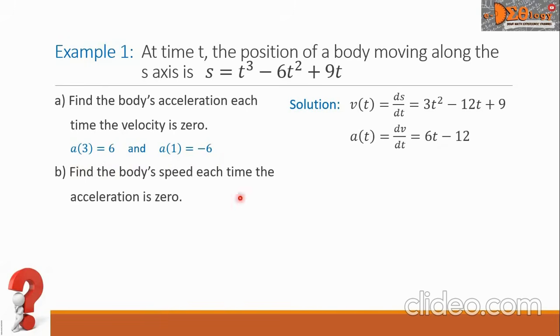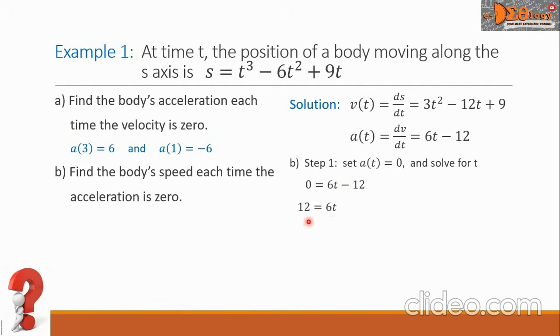Now let us solve for letter B. This time we have step 1. Let us set the acceleration function equals 0 and solve for t. So we have 0 equals 6t minus 12. Solving for t, let us transpose this negative 12 to the left side.